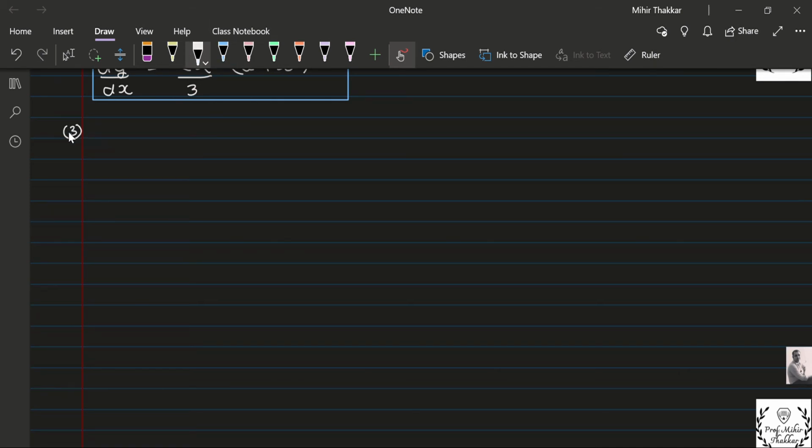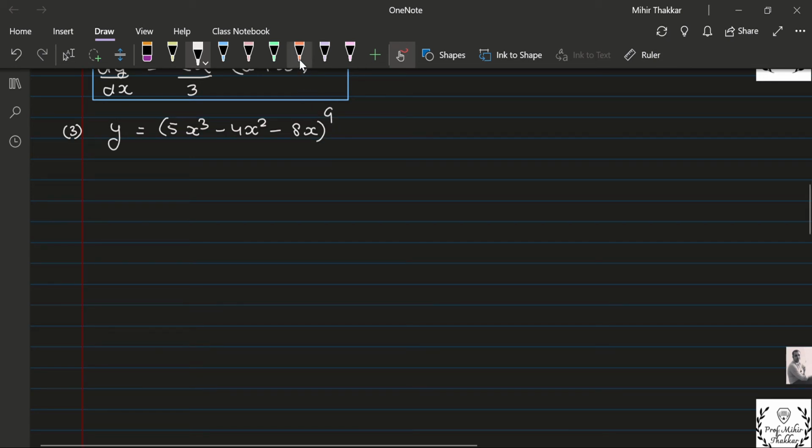In sum number 3, it says that y is equal to (5x cube minus 4x square minus 8x) and whole to the power 9.